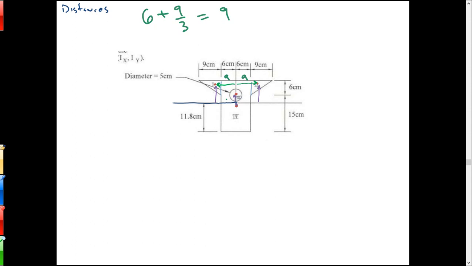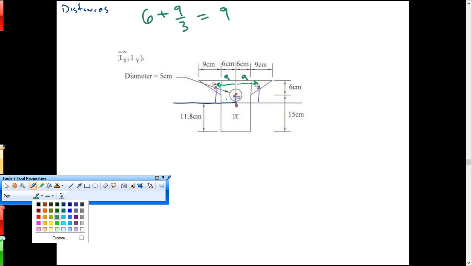Now, the other thing we want to do is, I don't need x distances for either the circle or the rectangle because they're right on the y-axis, so there's no offset distance for those. I will need it in the y direction, but I don't need those x distances because they're 0. Now I can get the purple ones, the y distances.